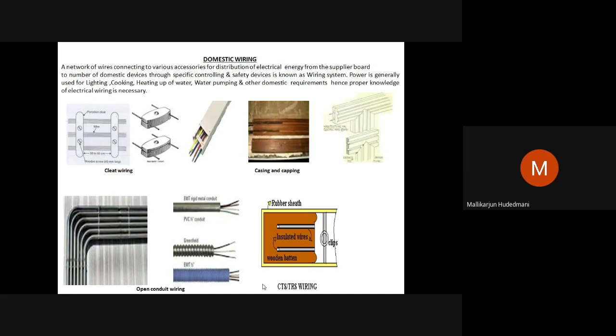Cables run all along the PVC tube till that point. The PVC tube provides mechanical safety to the cable, and the cable gets connected to the end device. This way, concealed conduit wiring is a very safe mechanism of domestic wiring, and after plastering and painting, you will not find a physical cable visible.